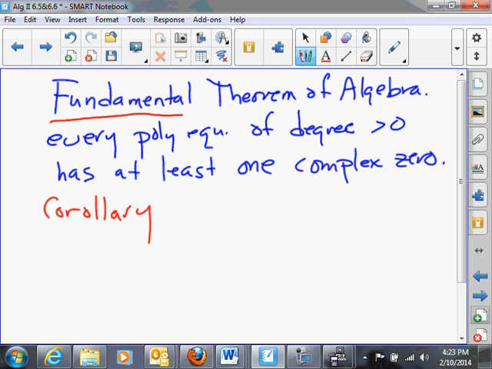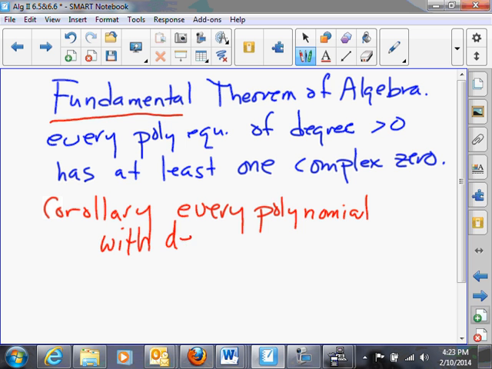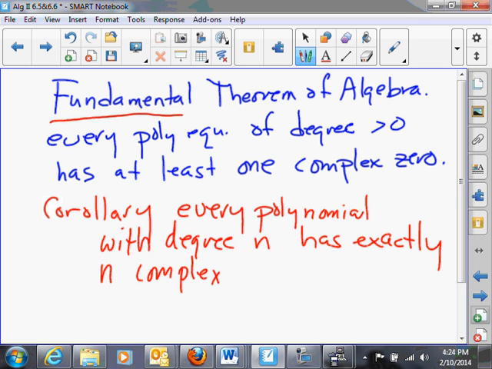Now the corollary says every polynomial with degree n has exactly n complex zeros, including, of course, repeated zeros.